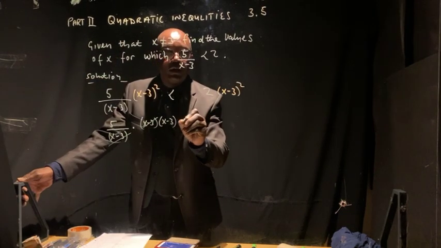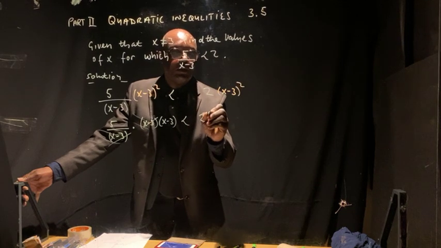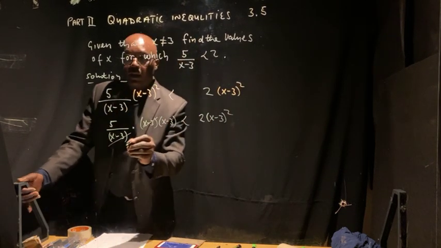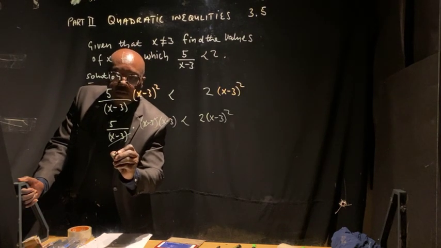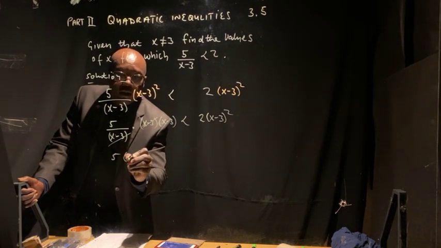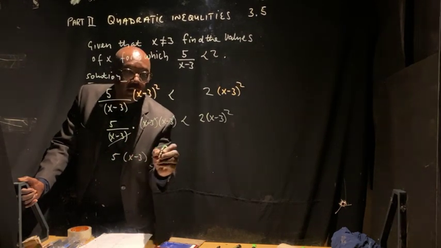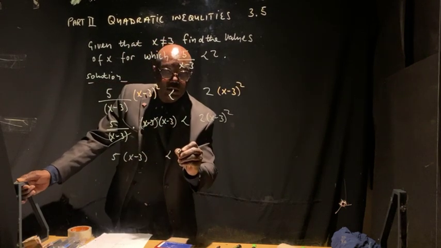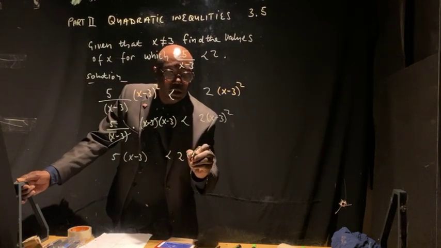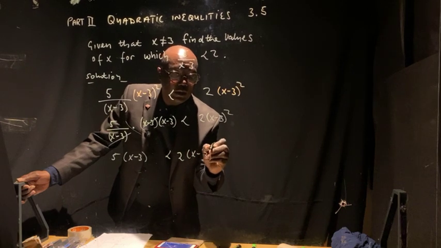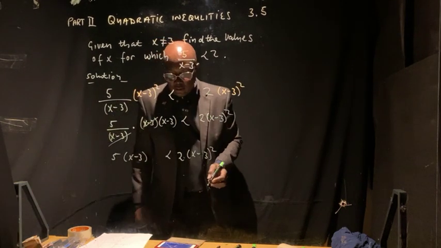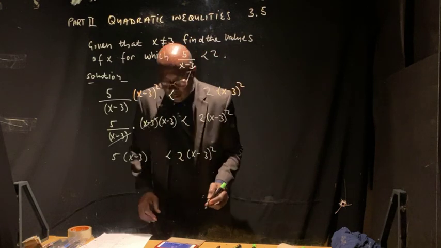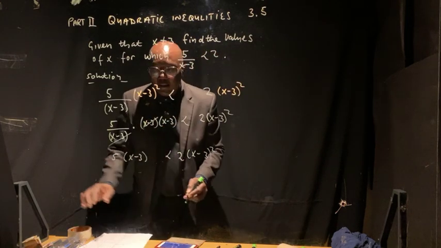And we have 2 times x minus 3 squared, and we'll be left with 5 times x minus 3 less than 2 times x minus 3 squared. Good. And then the board is clear.